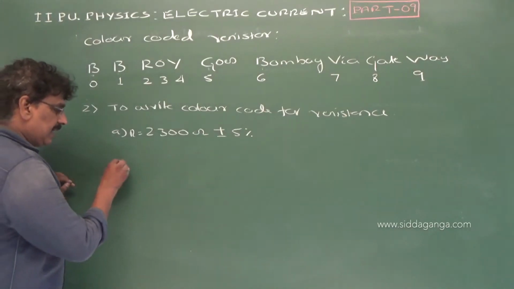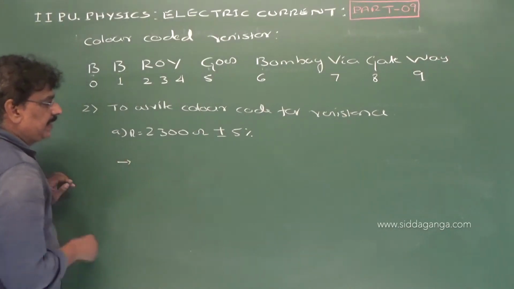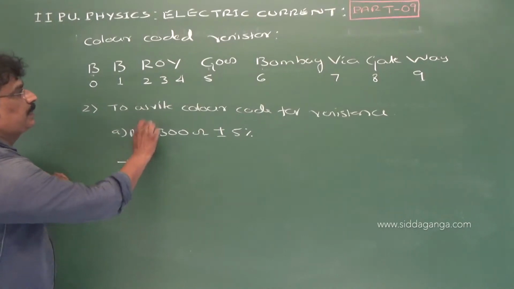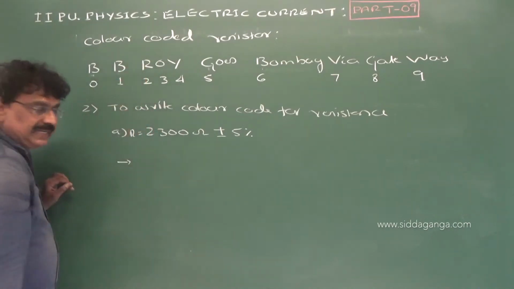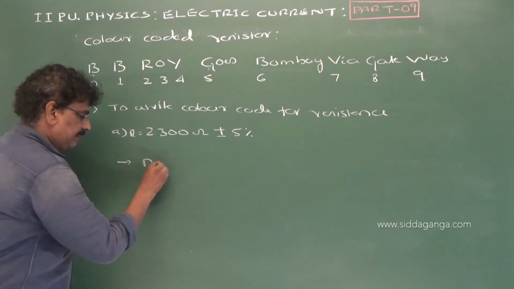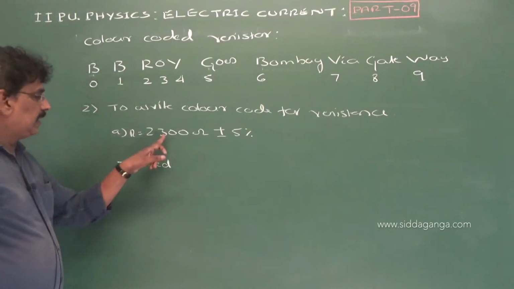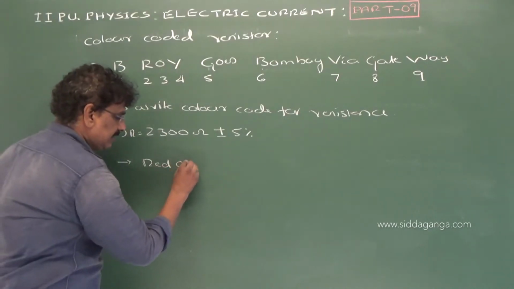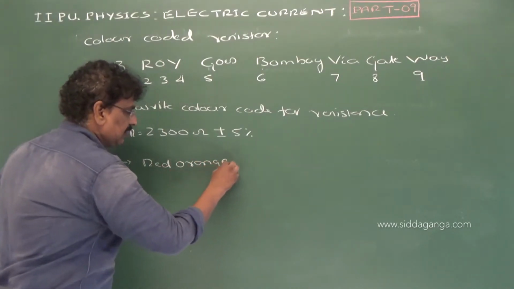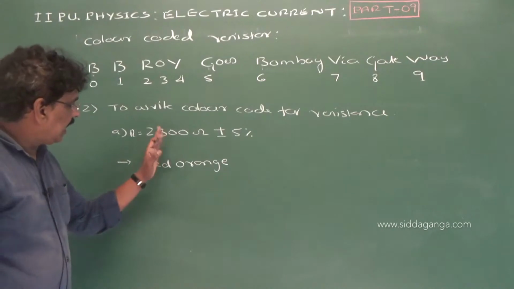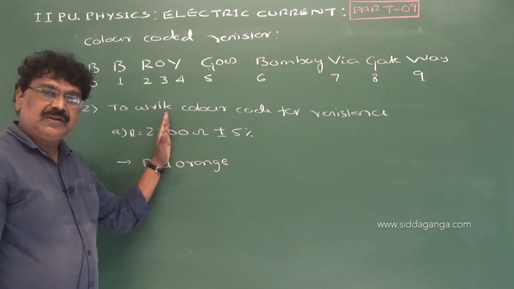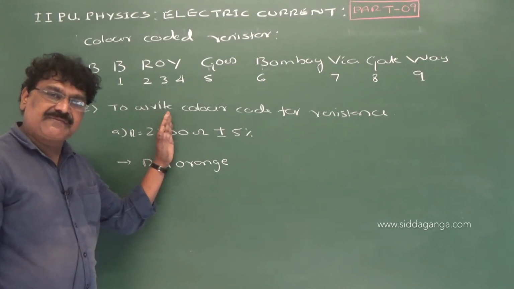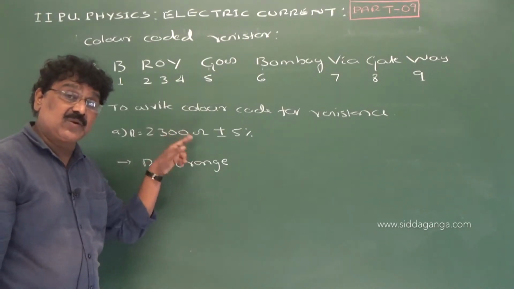Now writing the color code, right? 2, that represents red, right? Now the second digit 3, that represents orange. Now the second digit is followed by 2 zeros.